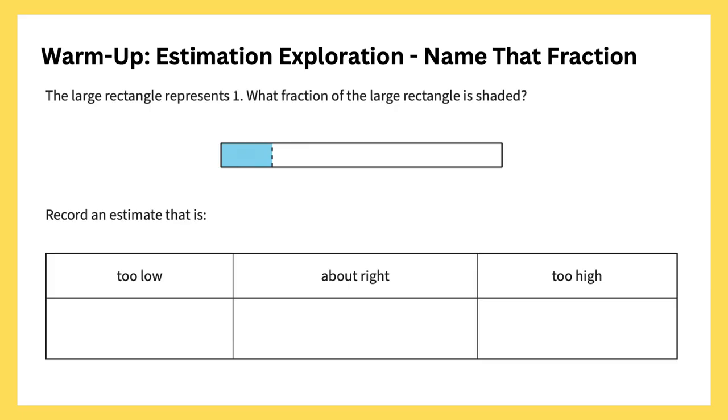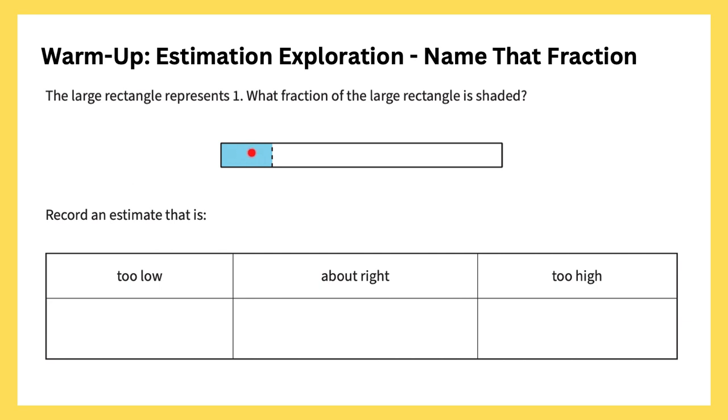All right, moving on. Our warm-up for today is an estimation exploration. It says name that fraction. The large rectangle represents 1 or 1 whole. What fraction of the large rectangle is shaded? When they reference the large rectangle, we're talking about this entire thing, and we have to figure out what this portion represents.